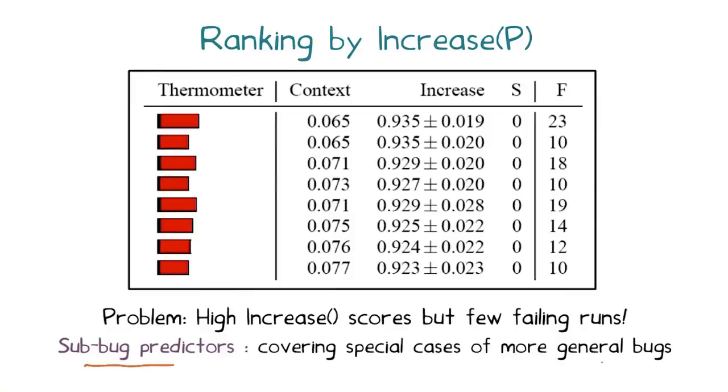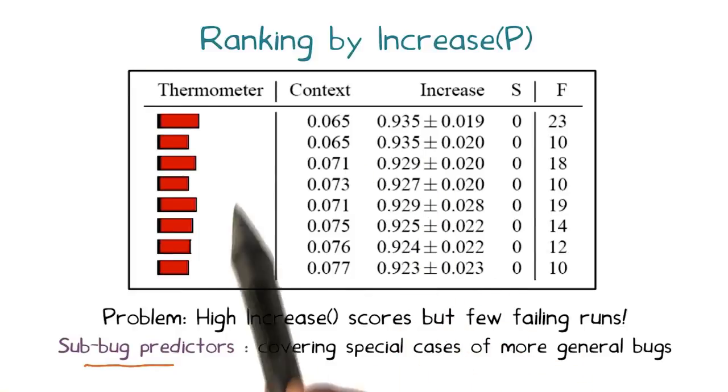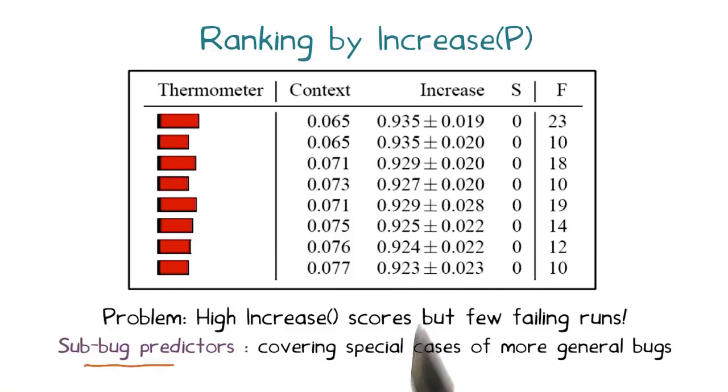In this sample report sorted by increase scores, each of these predicates has a high increase score close to 1, but each of them also explains relatively few failing runs, ranging from only 10 to 23 failing runs out of over 5,000 failing runs in total. These small numbers of failing runs strongly suggest that these predicates are sub-bug predictors.